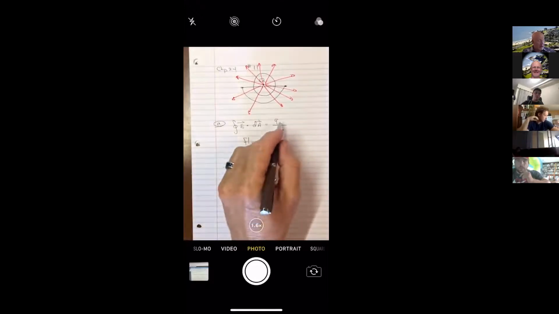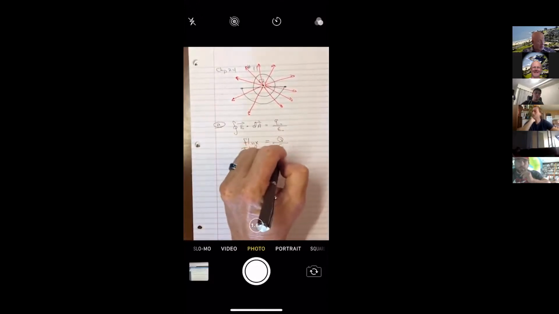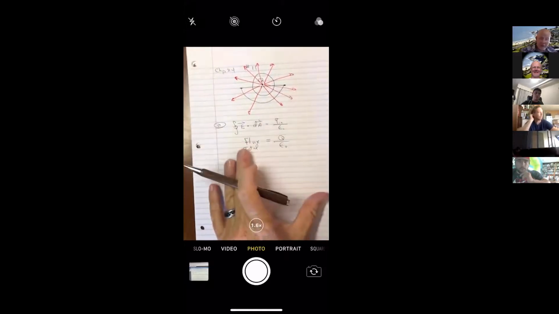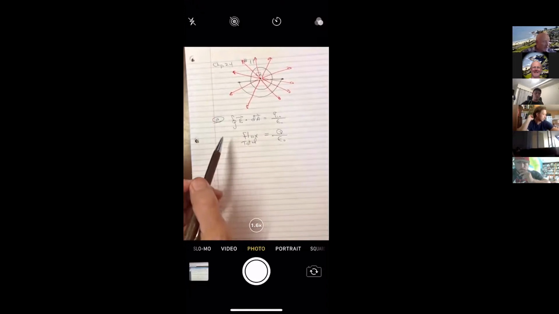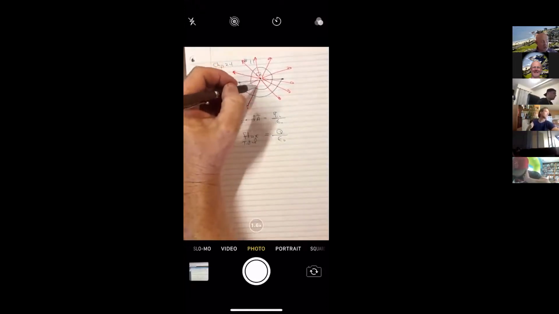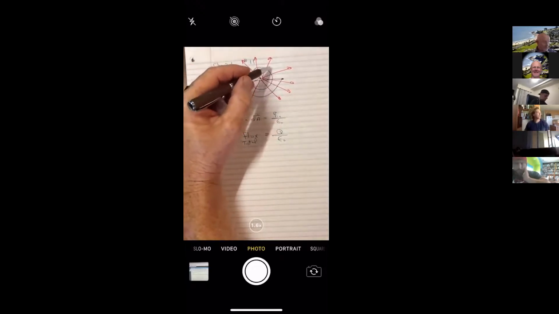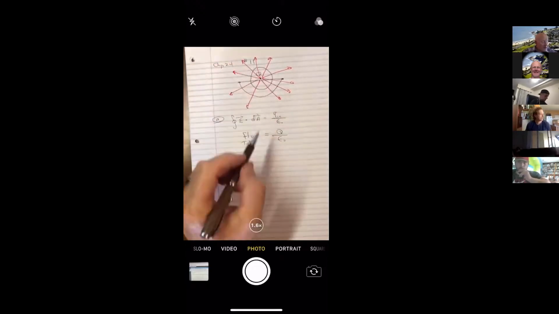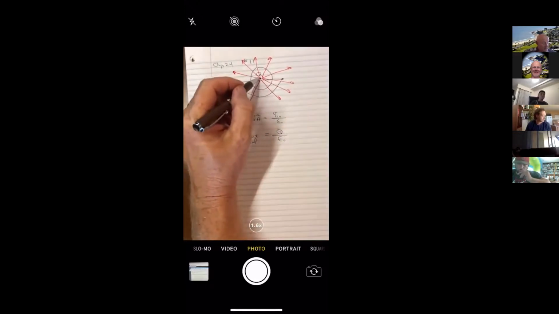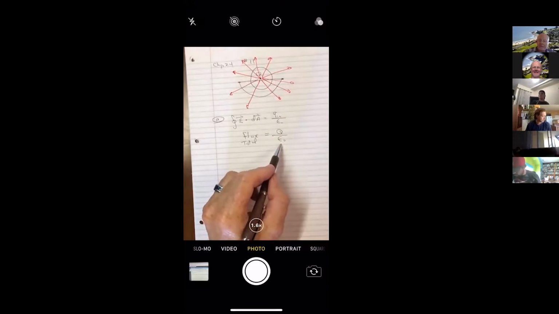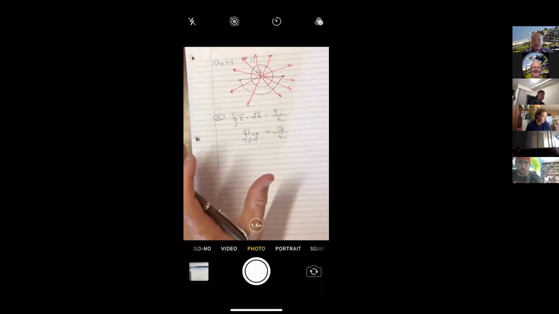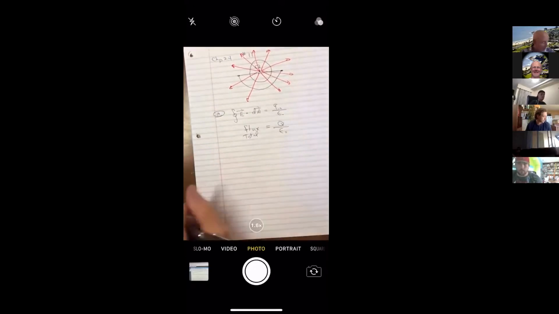So it'd be flux times charge inside. Before I get too far, I'm just trying to say that the left-hand side would be all of the flux going through this sphere, and that would equal the charge enclosed by that sphere, which is all of it, Q, over epsilon. Fair enough? Yeah.